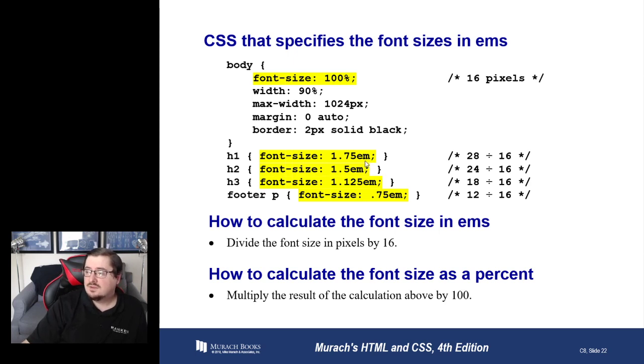Okay, so again, going through calculations, 24 divided by 16 gives us 1.5, etc. Now, I would generally recommend setting these font sizes in rem rather than EM, making them relative to the root, relative to the font size in the HTML, because EM is based on the size of your container.